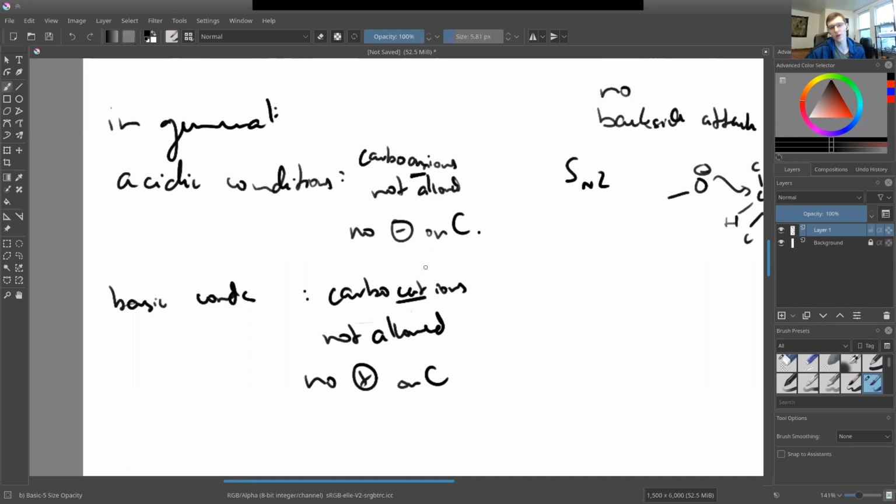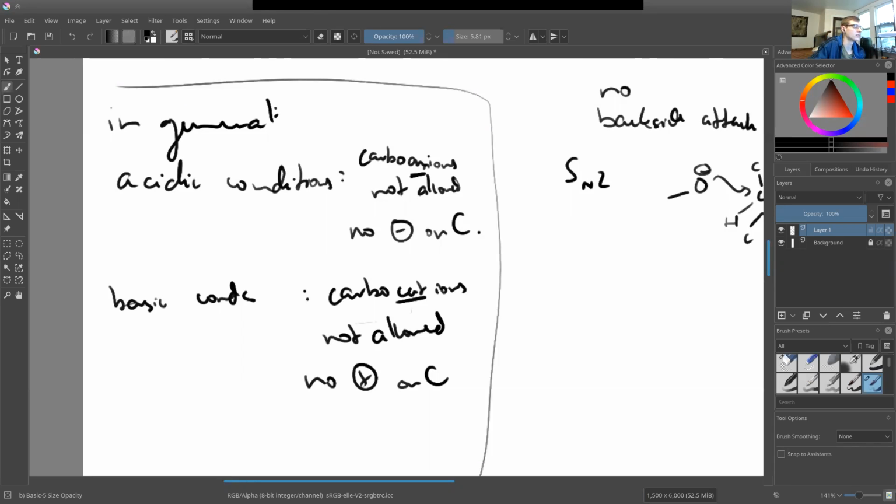This is just because if you're in acidic conditions and you have a carbanion, it'll instantly get protonated because there's just a bunch of acid floating around. If you're in basic conditions and there's a plus charge, the base is going to pull the hydrogen off right away. So this goes in general.